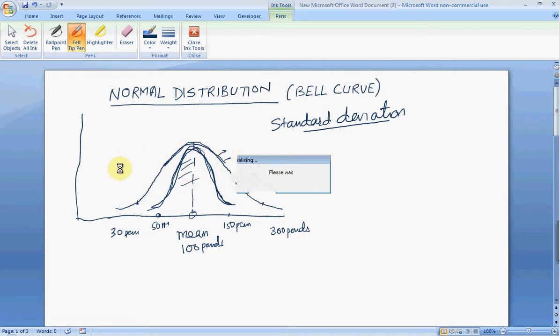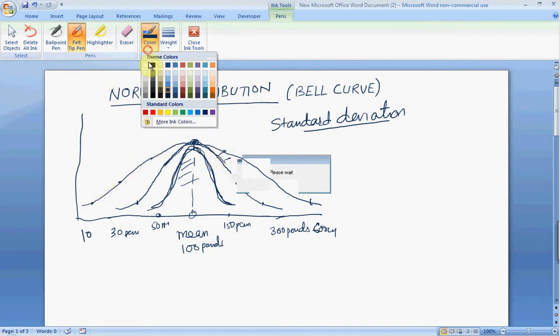If I go to another planet altogether, where the mean is still 100 pounds, but I find a lot of people at 30 pounds, 50 pounds, and even somebody at 10 pounds, and somebody at 600 pounds, then the majority of the population would still be at the mean, but there are more outliers in this curve.